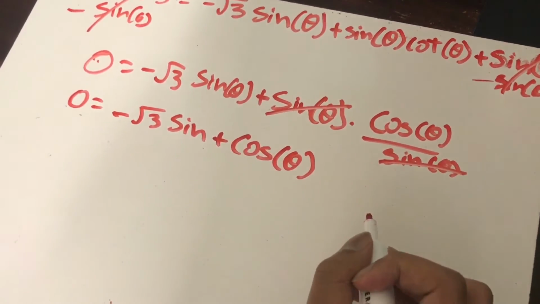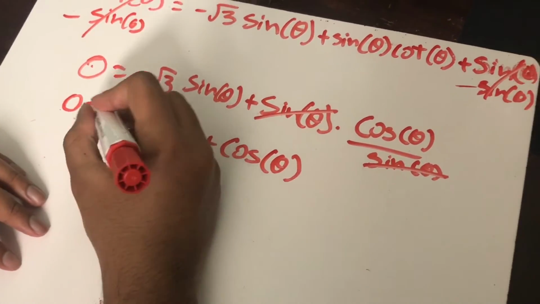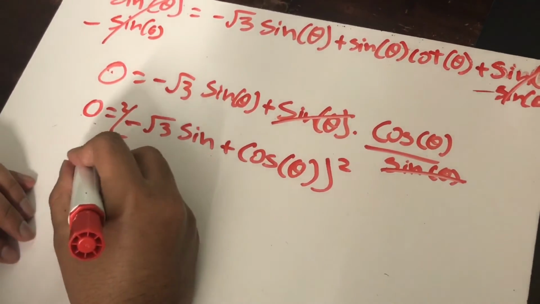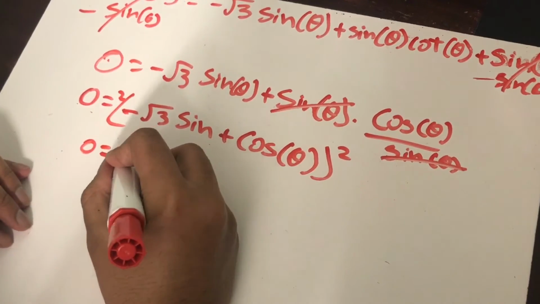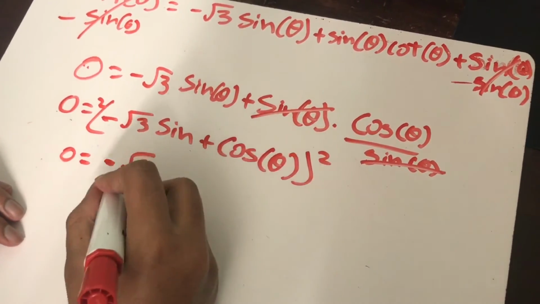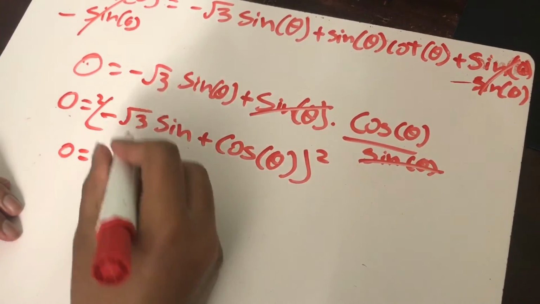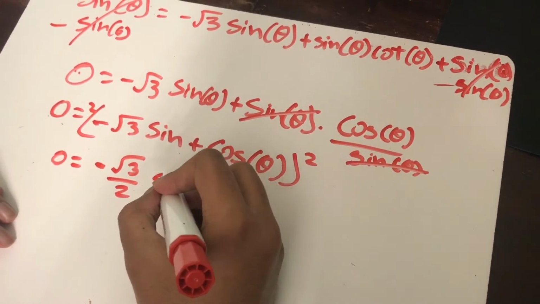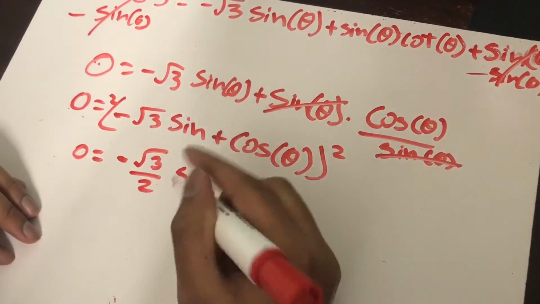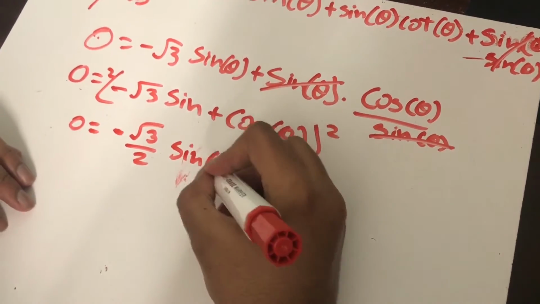And now we're going to multiply this by 2. Let me factor it. It's going to turn into 0 equals negative 3 square root over 2, and then sine of theta.